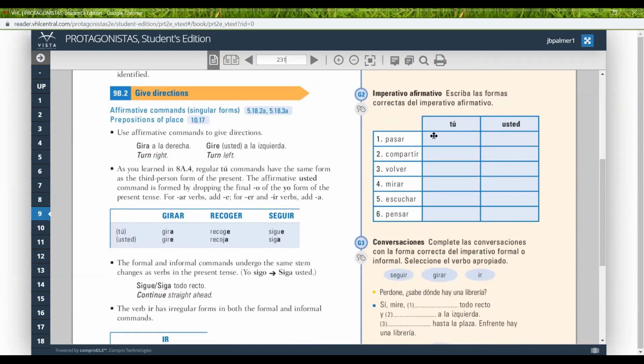So for example, the first one, pasa, and the formal, because you switch the ending, so instead of pasa, it would be pase. So you would conjugate it like the ER/IR third person singular present tense. But yeah, it's not that complicated. Just pay attention to what it says over here.